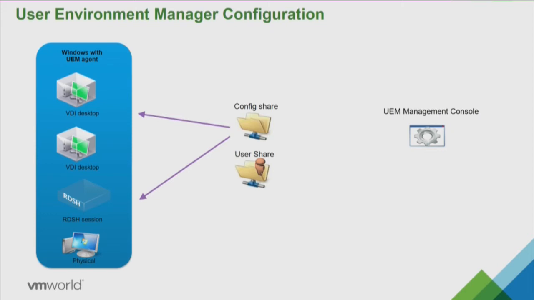Now, in UEM 9.1, 9.2, the newer versions, we can bypass that Active Directory GPO requirement, and we can inform the client where that share is, and it doesn't have to talk to Active Directory. So if you have a scenario where you're either not using Active Directory, or maybe the Active Directory administrators are a little hesitant to let you play around with their GPOs, you can still implement UEM.